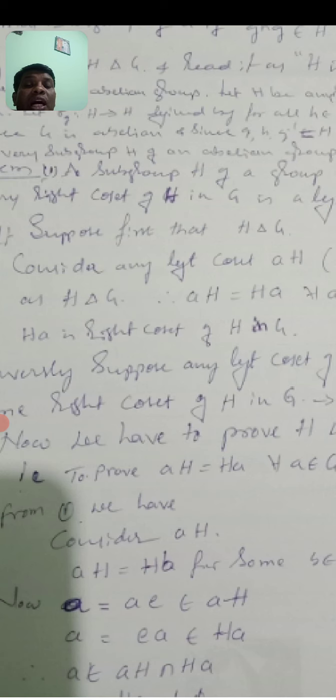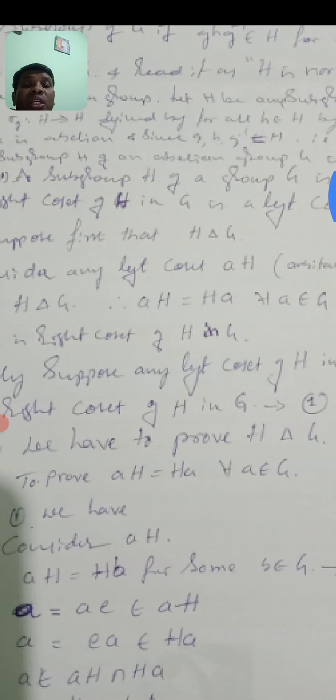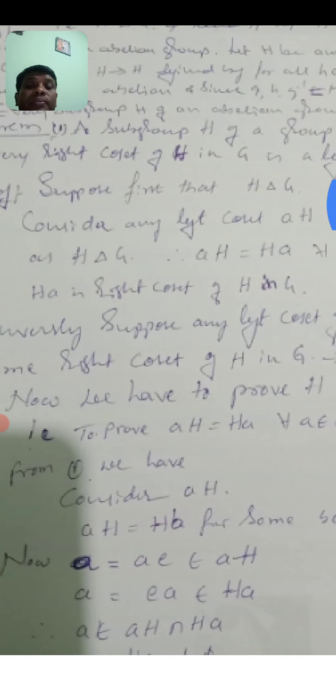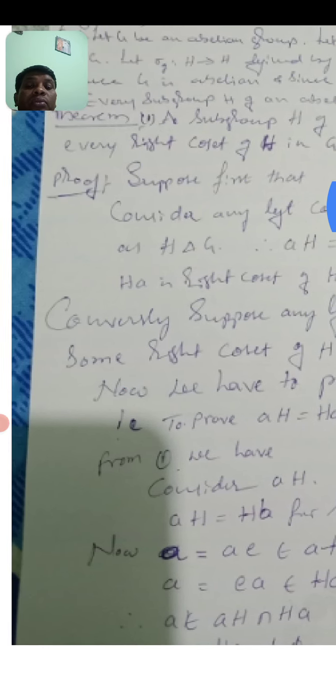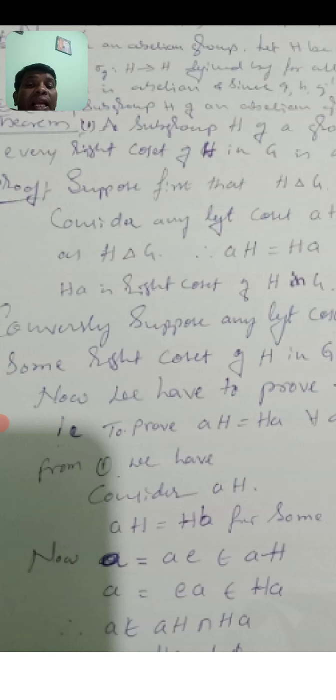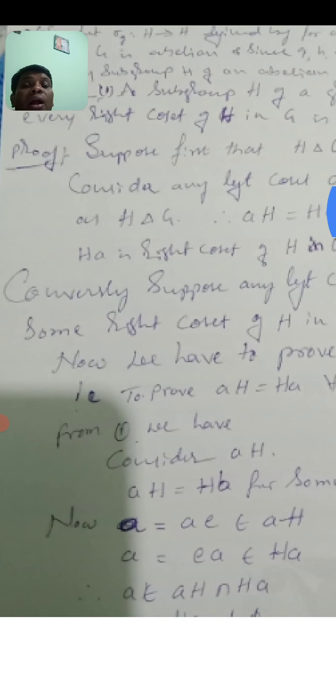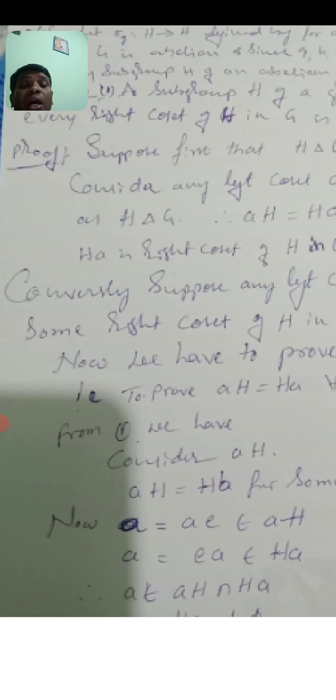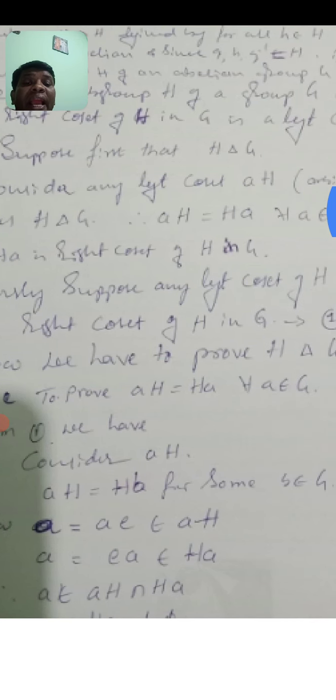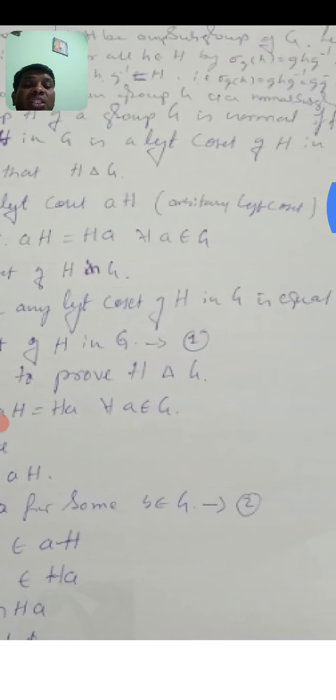As H is normal in G, therefore the left coset aH is equal to the right coset Ha for all a belongs to G. Then Ha is a right coset of H in G. This is the necessary part.